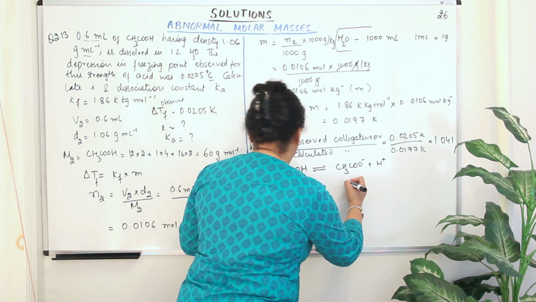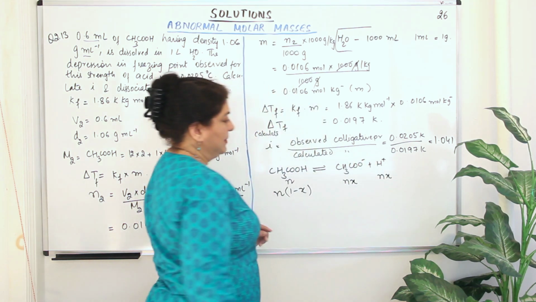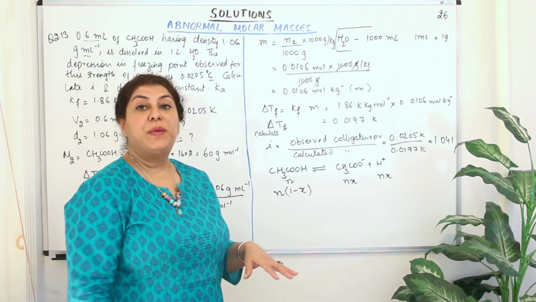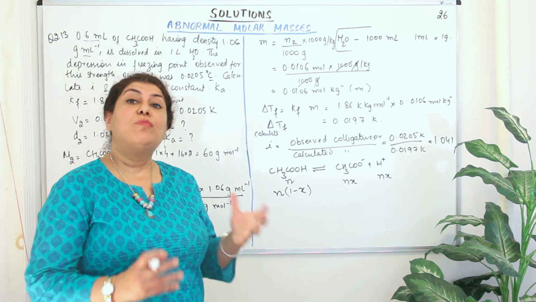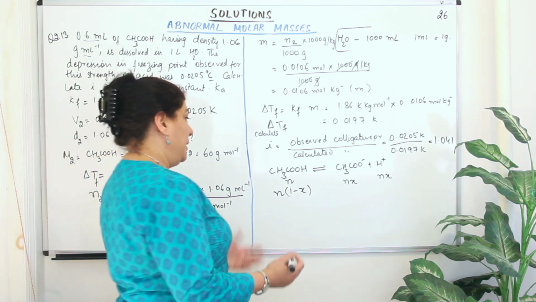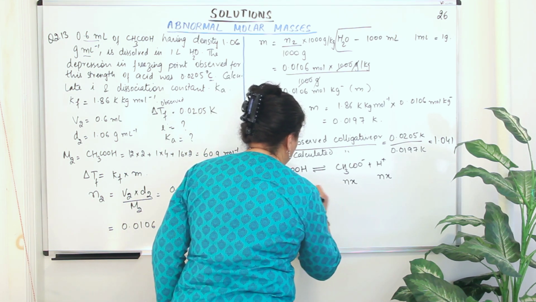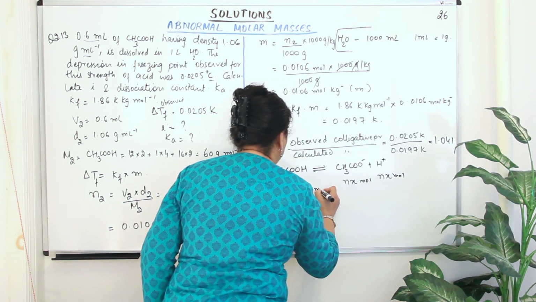It would be nx, and this would also be nx. The concentrations of both CH3COO negative and H positive would be nx and nx. Now, what is the total number of moles of particles present in the solution after dissociation? This is all in moles, right?